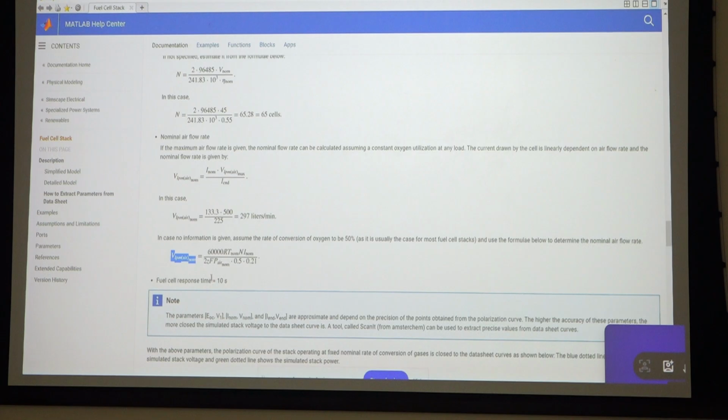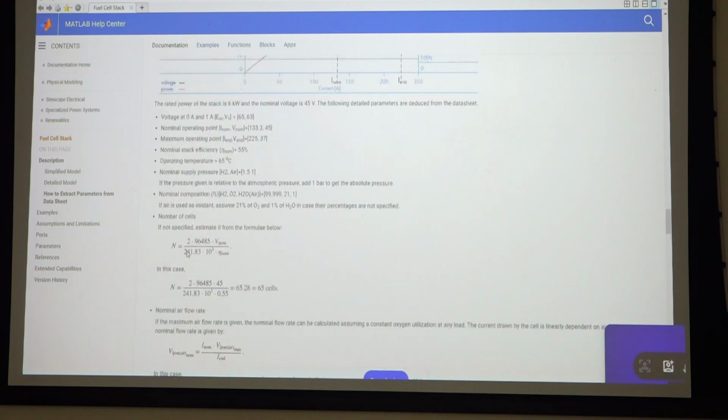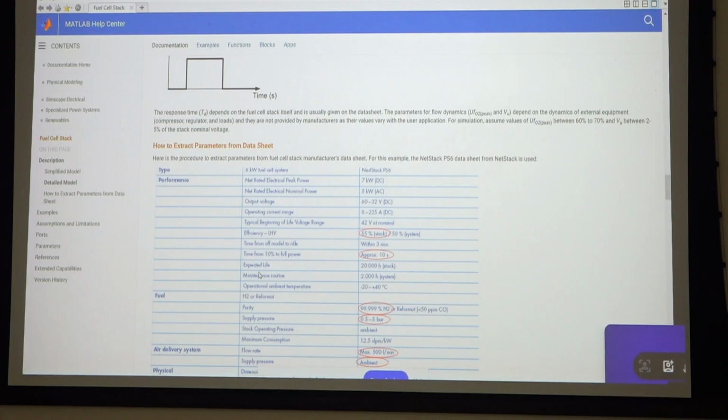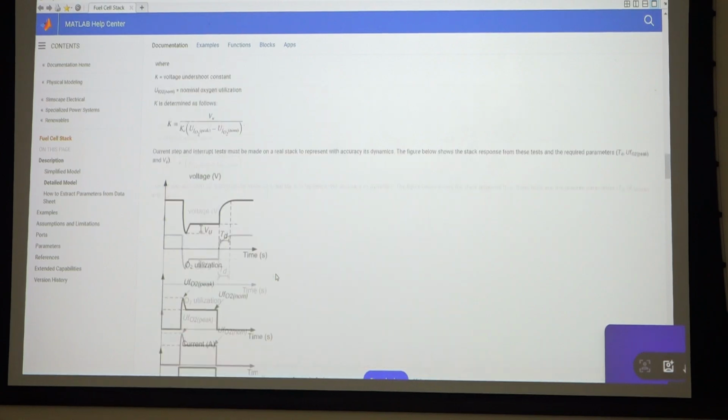If we need a specific amount of current to be supplied across a load, then based on this requirement, we need to supply the required flow rate for either hydrogen or air, that means oxygen. We can define these things using these equations. So these are the basics about the built-in fuel cell stack provided by MATLAB.